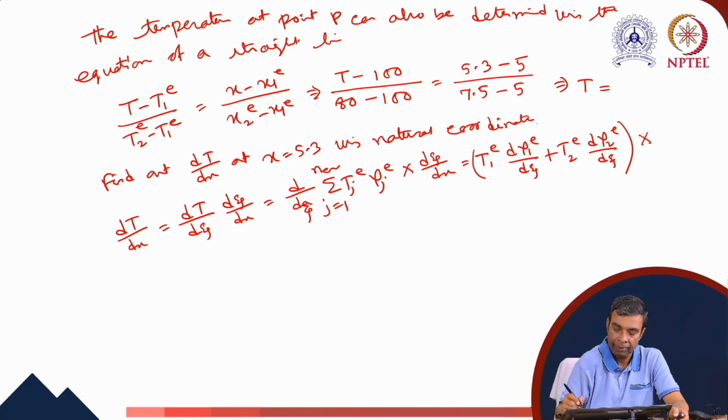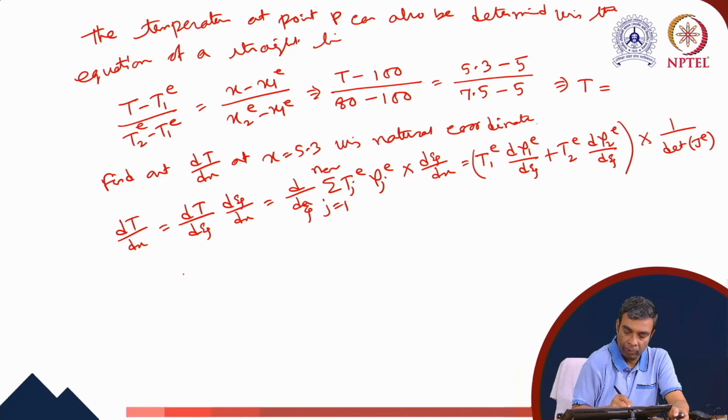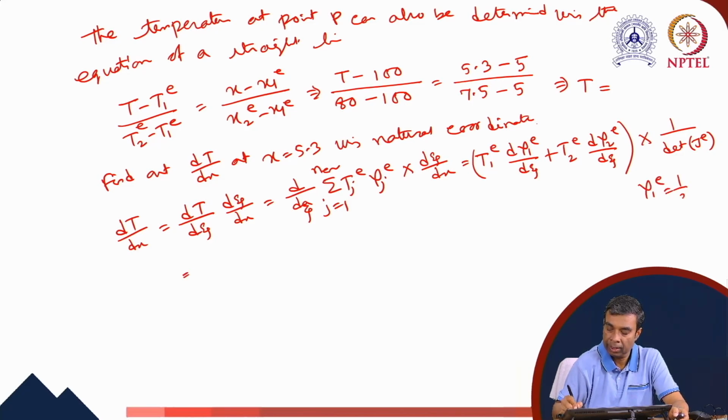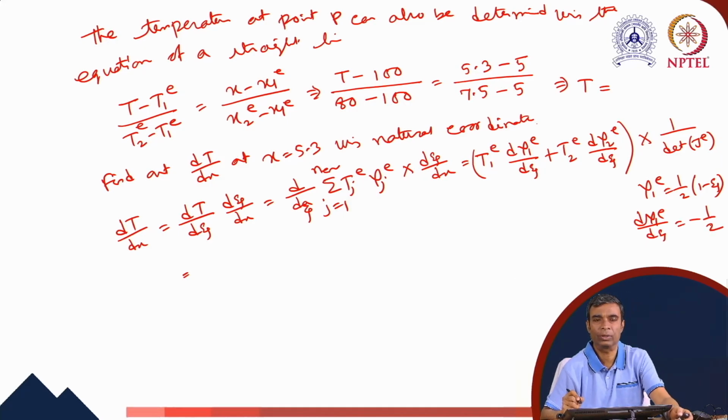This dxi/dx is 1 by the determinant of the Jacobian matrix. Now our psi 1e is half of (1 minus xi). So d psi 1e/d xi equals minus half. It is a constant. It does not depend on the xi coordinate.